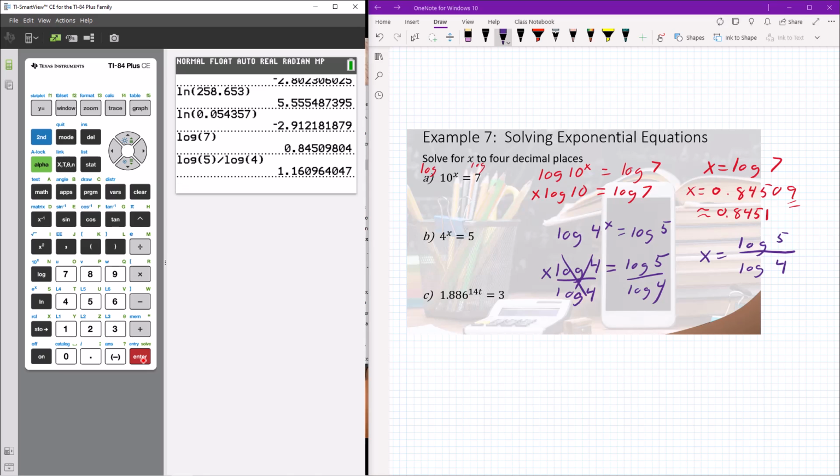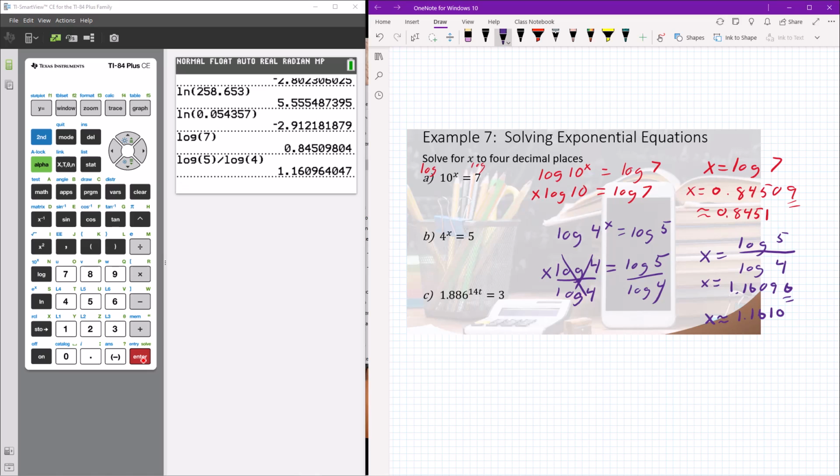And that will give me that x is equal to 1.1609. This fifth decimal place is 6. Since that is greater than 5, we will have that x is approximately equal to 1.1610. Since when we increment the 9 by 1, we get 10. And that would be the answer for the second part.